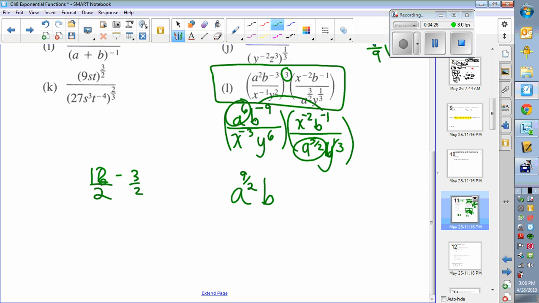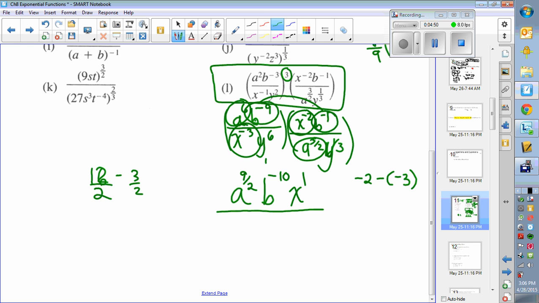So that would make b to the -10. In the denominator, I would have, also in the numerator. So we've got our b's taken care of. Now I've got an x to the -2 up top, and you're subtracting -3. -2 subtract -3 is 1. So my x's are now taken care of.